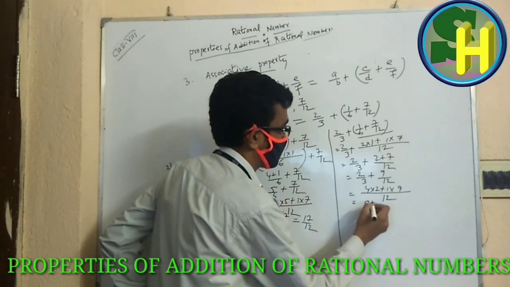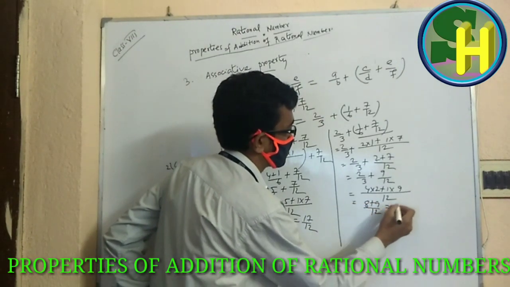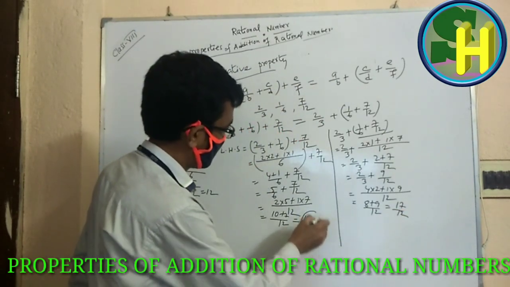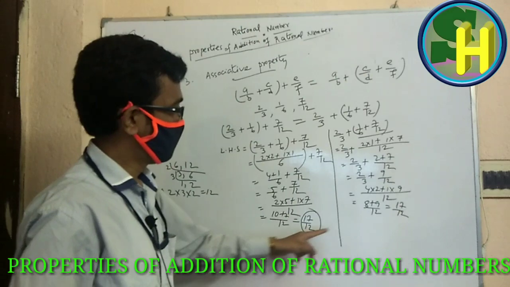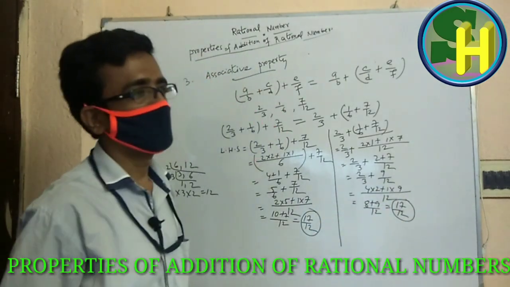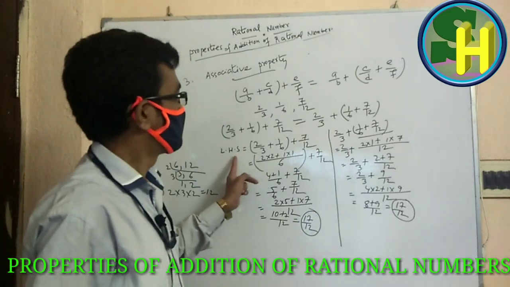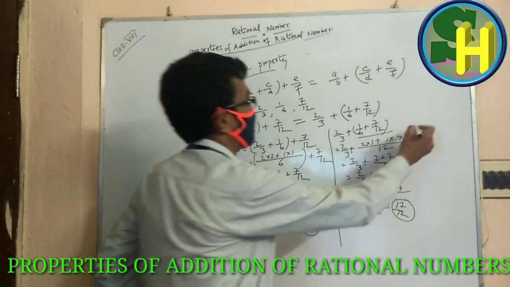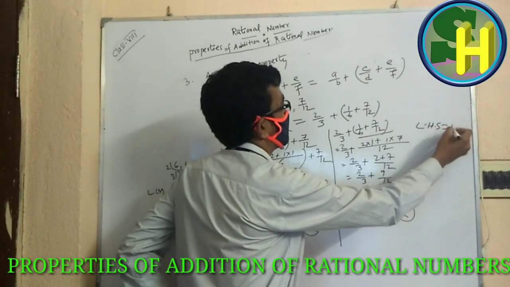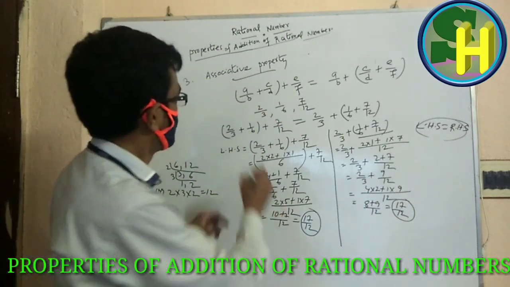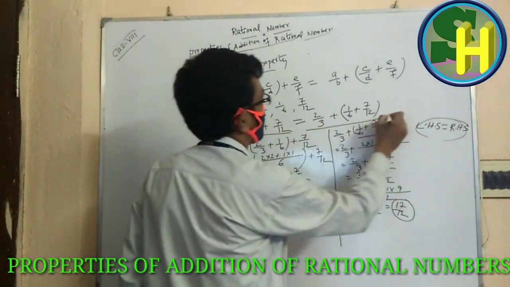That is 8 plus 9 by 12, that is 17 by 12. Like the left hand side, on the right hand side the answer is also 17 by 12. So left hand side equals right hand side. So we can say that this value equals this value.